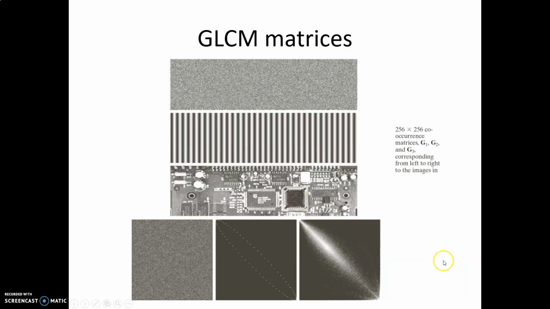Then this is a more realistic image, and this is how the gray level co-occurrence matrix for this case looks like, and this is how a typical gray level co-occurrence matrix would look like.